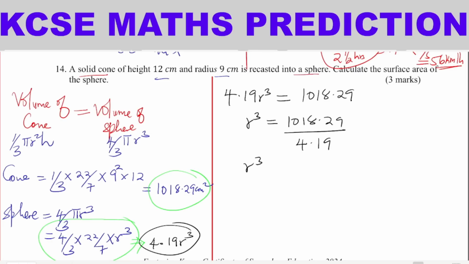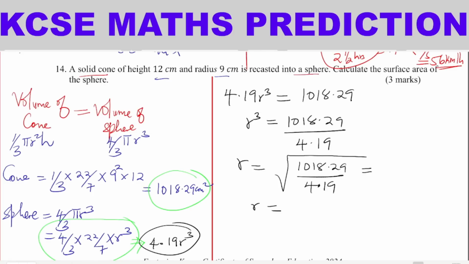So for us to get the radius, we are going to get the cube root of the whole of this, 1018.29 divided by 4.19. Working this out using a calculator, the radius will be given by 6.24, because this will give 243.